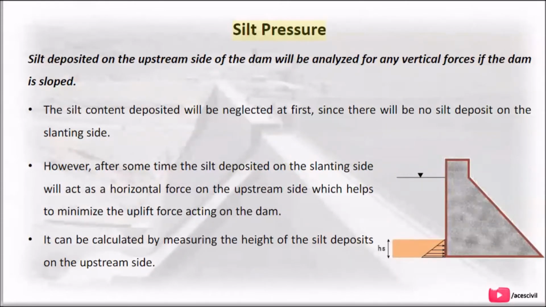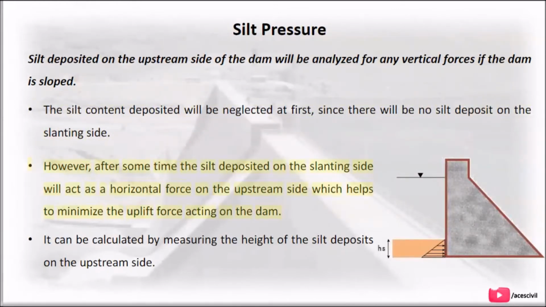Silt pressure. Silt deposited on the upstream side of the dam will be analyzed for any vertical forces if the dam is sloped. The silt content deposited will be neglected at first, since there will be no silt deposit on the slanting side.